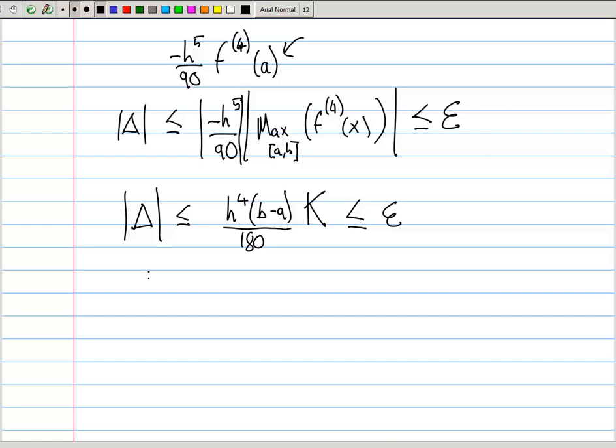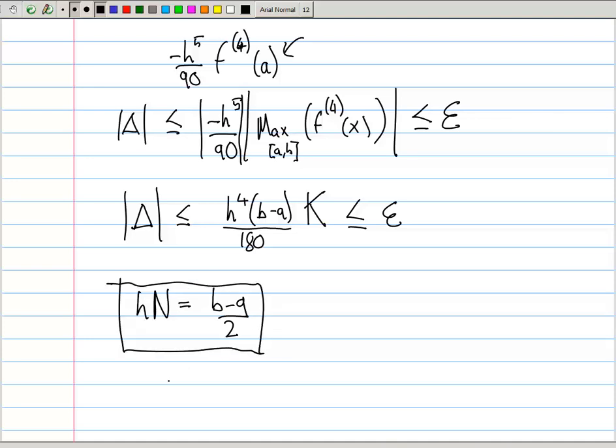It's also important to remember that we can rewrite this h to the 4, but let me show you where it comes from instead. We know that h times the n terms, the n value that we use for the terms, is equal to (b minus a) over 2, because that's how we'll end up getting our h. This is by definition.